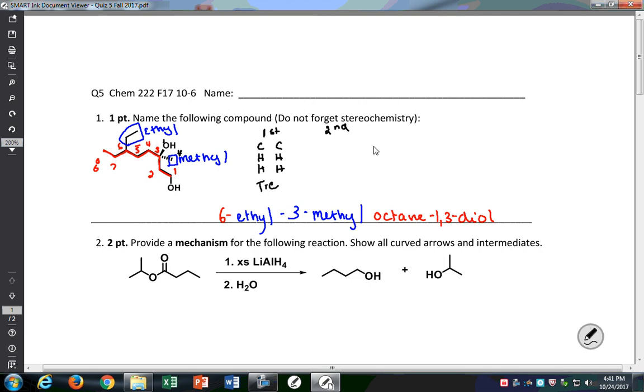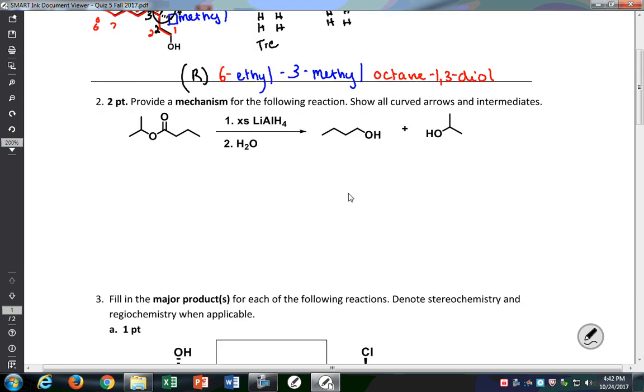This carbon is attached to an oxygen and 2 hydrogens. So that oxygen wins. So this will be my number 2. So this one will be 3. So that is, of course, R. And you can put the 3R, but this is the only stereocenter, so I don't need to.